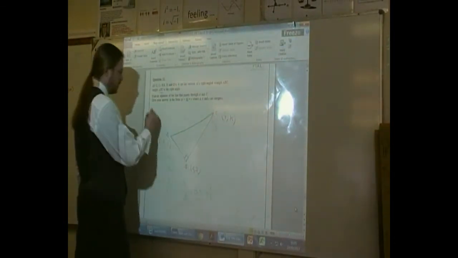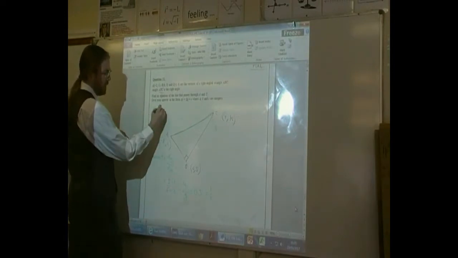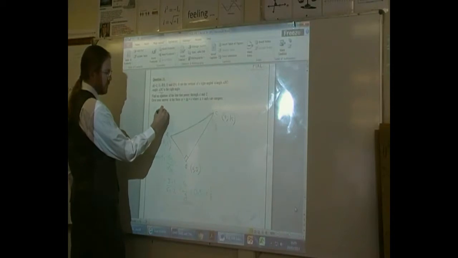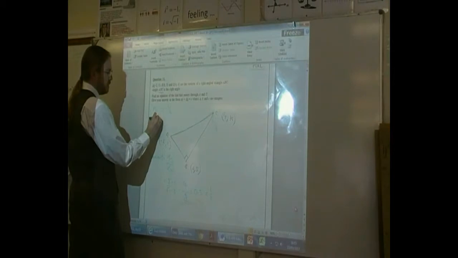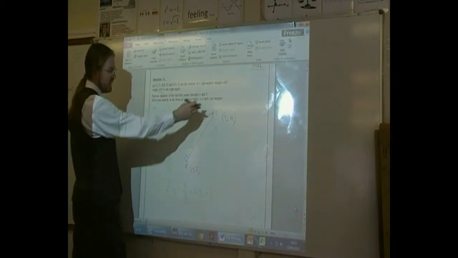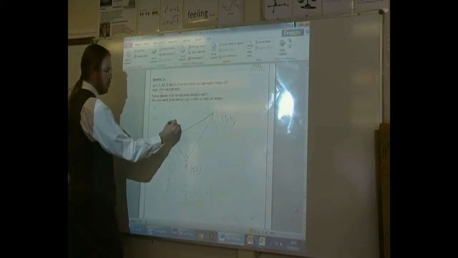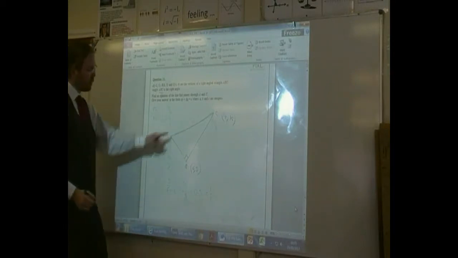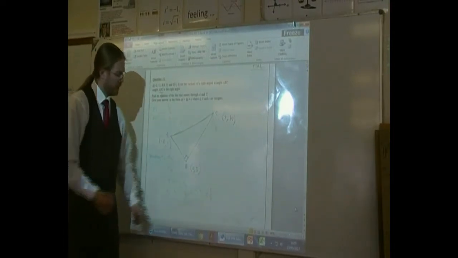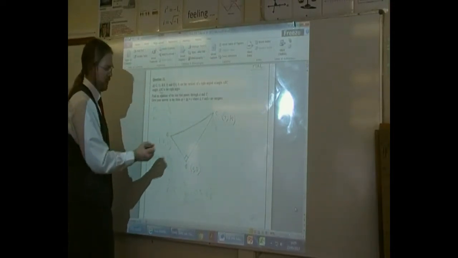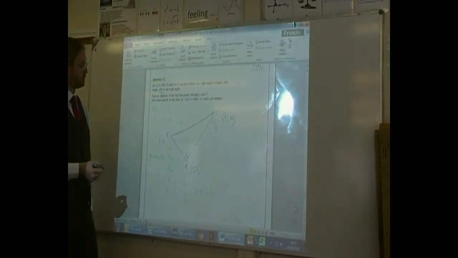So the gradient from A to B is going to be a half, and the gradient from B to C is going to be minus 2 over 1, or minus 2. And of course those will multiply to make negative 1: minus 2 times 0.5 is negative 1.